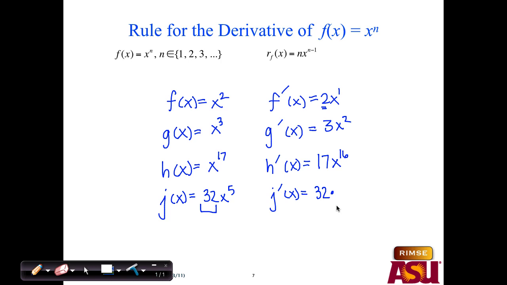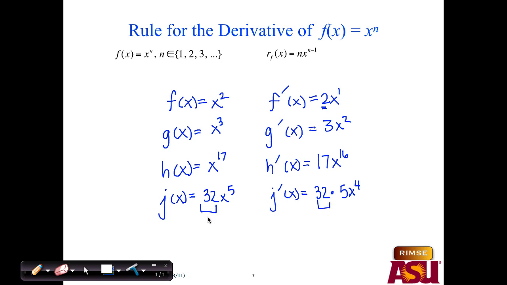It's a constant multiple. If I want to take the derivative of a constant multiple of x to the 5th, then I worry about taking the derivative of x to the 5th. I'm not going to worry too much, because it's pretty easy. And then I'm going to multiply that 32 back on.